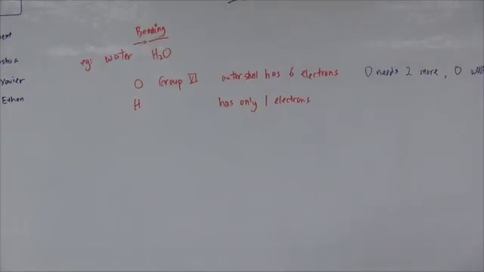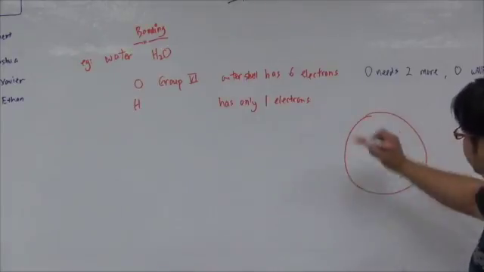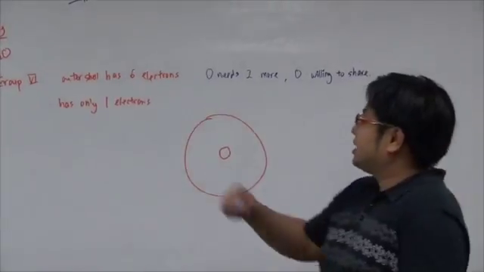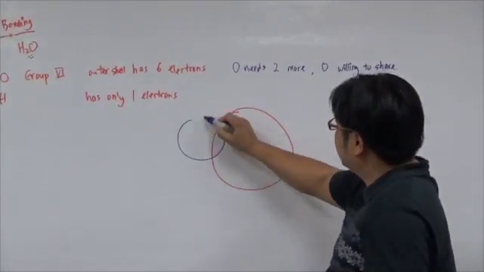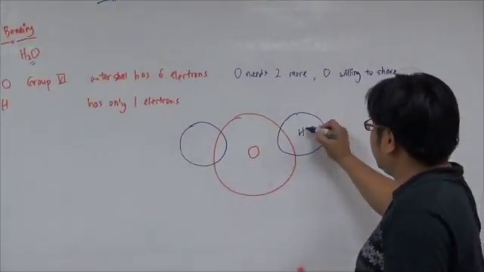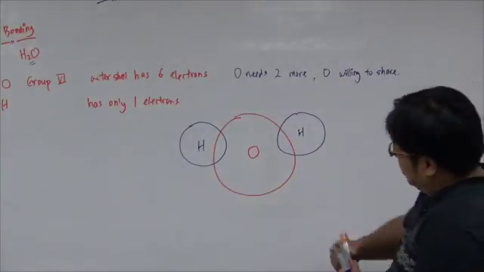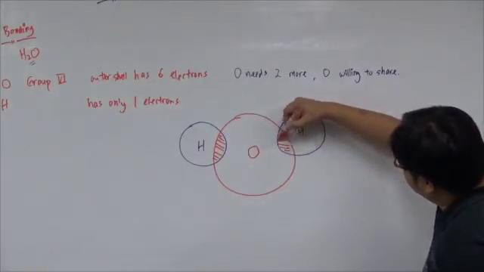So when you say sharing, it means that, for example, when the oxygen is here, and there is a circle around it, and there is a hydrogen, as you mentioned, there are 2 hydrogens. So there will be 1 hydrogen here, and 1 hydrogen here. So this is hydrogen, this is hydrogen. This place is called the sharing zone. So this is where the sharing zone is.